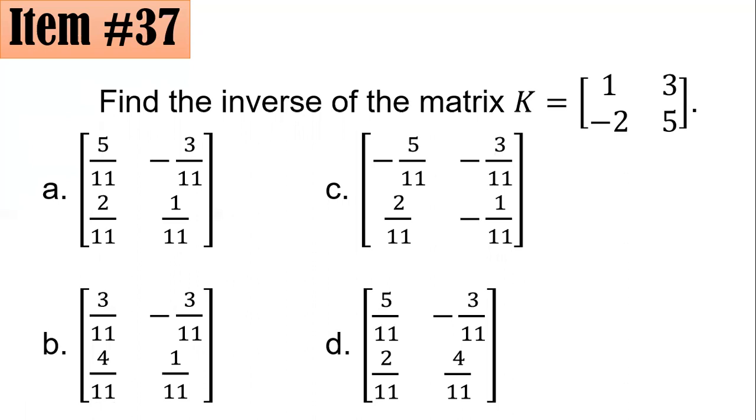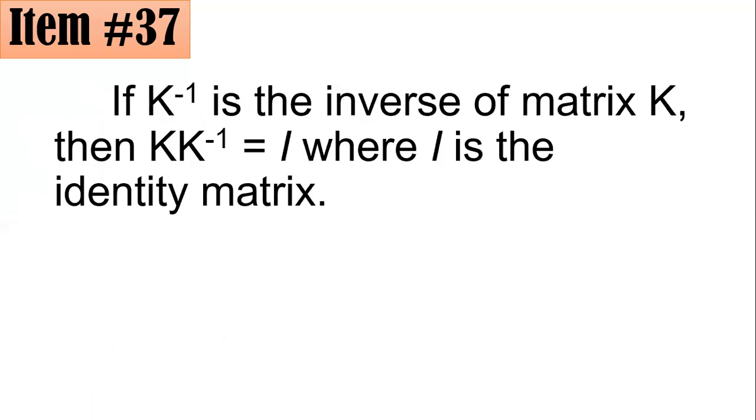There is another way of finding if it is an inverse or not, and that is by means of multiplication of matrices. Take note that if K inverse is the inverse of matrix K, by the way, K here is a square matrix, then the product of K and its inverse should be I, where I is the identity matrix.